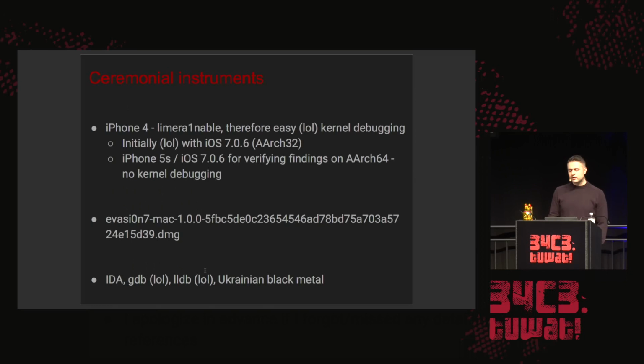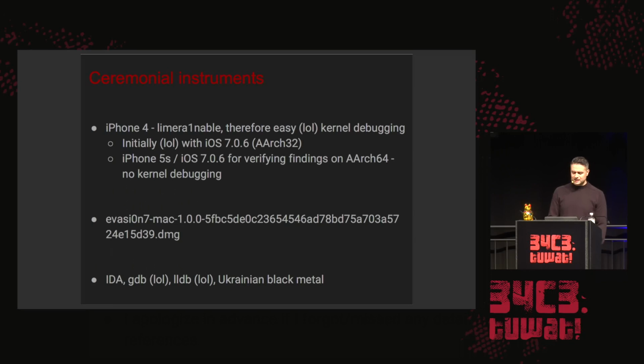I also had an iPhone 5S with the same version of iOS, and I had that in order to verify all my findings and redo my tests on an ARM64 device. And as I told you, the iPhone 5S at that time was the only ARM64 device, actually, I think, on the market. I don't think there was another consumer device with ARM64 at that time.